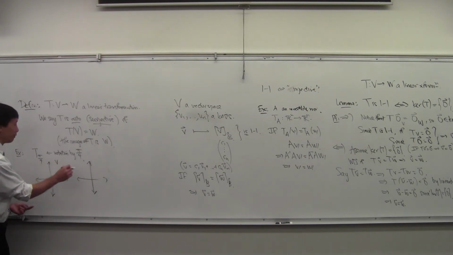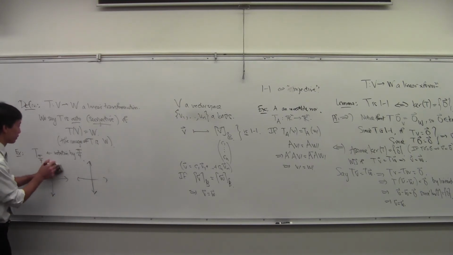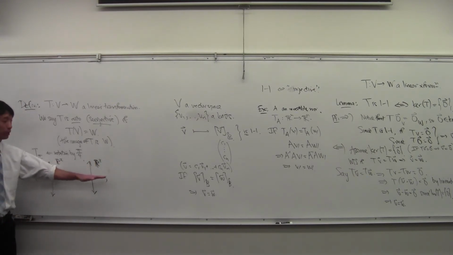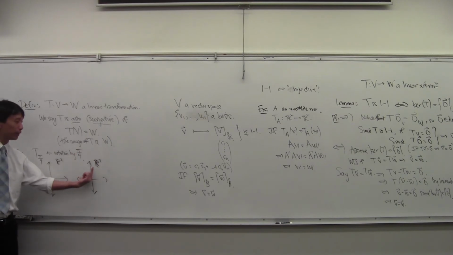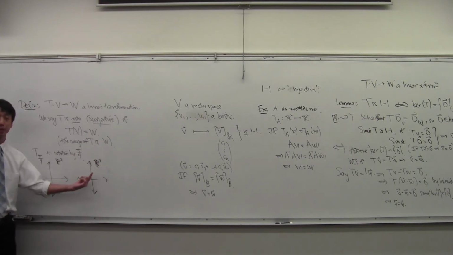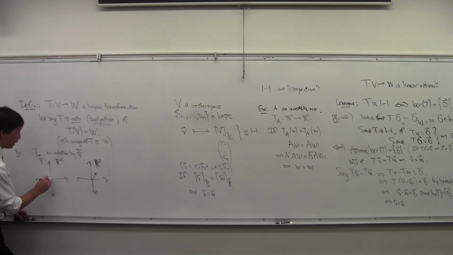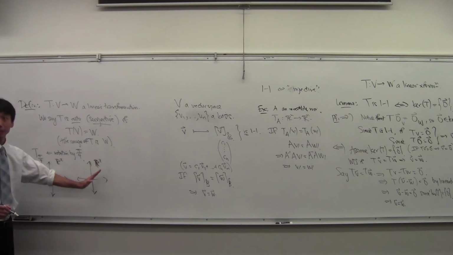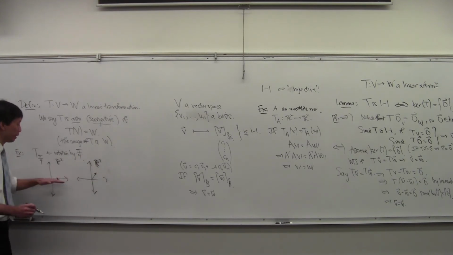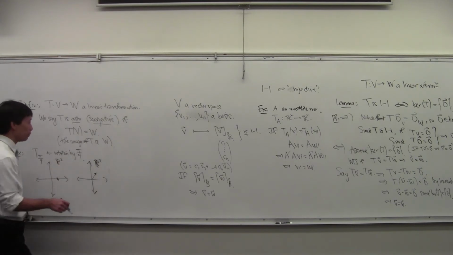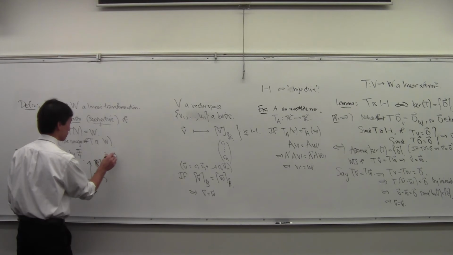This is a map from R2 to R2, and you see that my outputs cover the whole space. Any vector over here, I can get as an output. If I want this vector, well, I see that this guy over here, when I rotate by pi over 4, gets mapped to it. Whatever vector I have over here, I can find some vector over here that gets mapped to it. So this is an onto map.